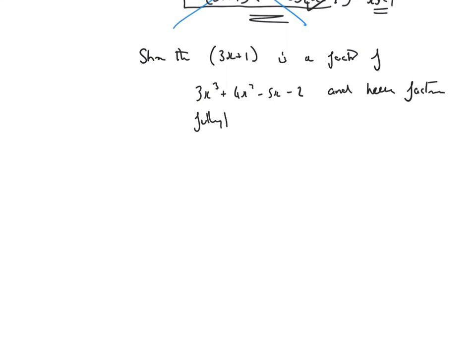Okay, first of all, what number goes up at the side? Well, 3x plus 1 is a factor, which means when I solve it, 3x equals minus 1 and x equals minus 1 over 3, that's the number up at the side.